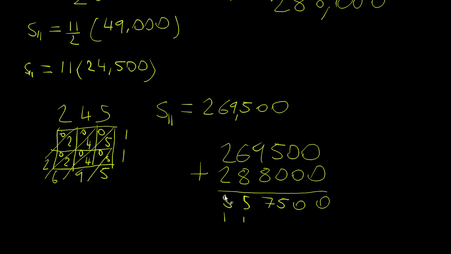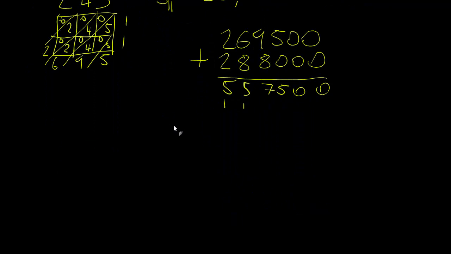And 5. So we get the sum of the first 20 terms, or the 20 years that Jess works for: 557,500 pounds total. And there we go.